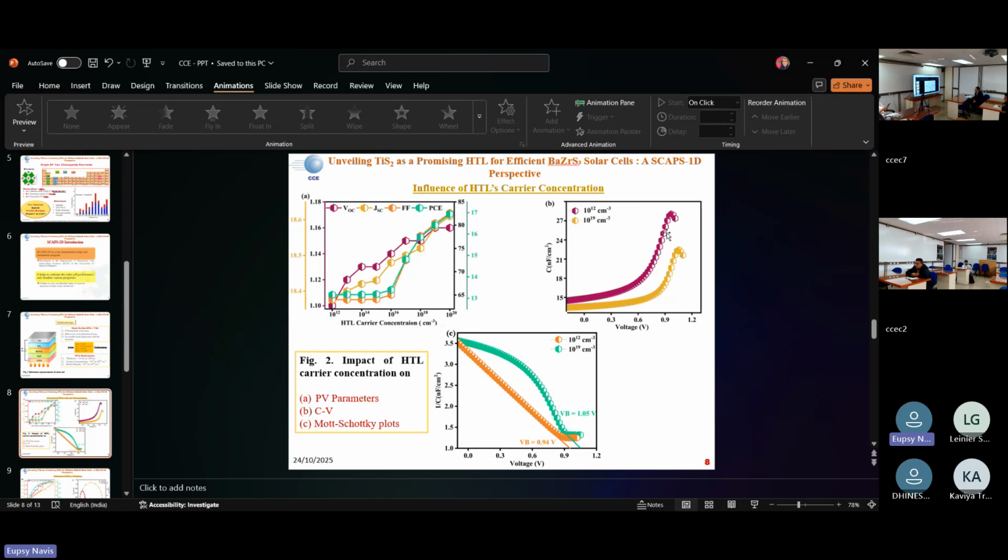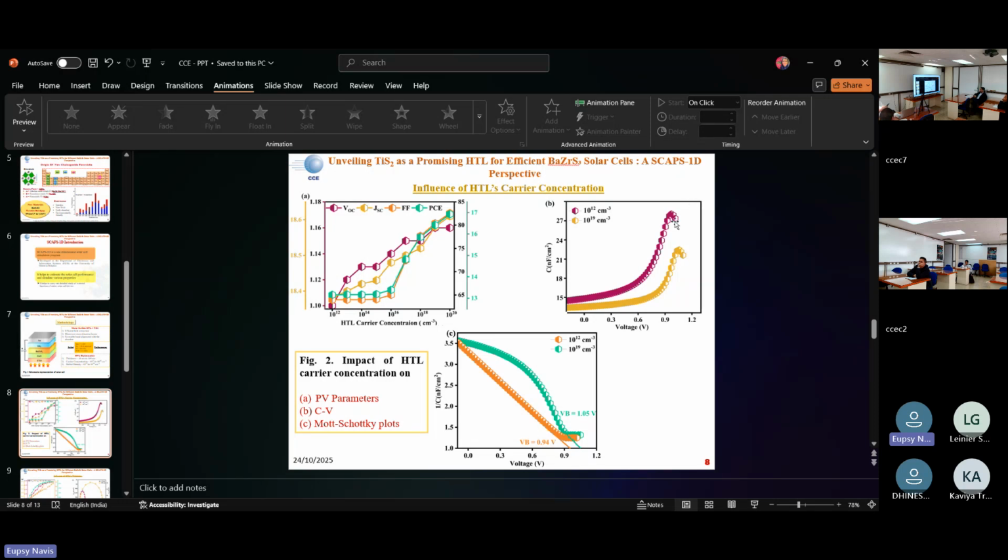We could see from figure A that there is an increase in the PV parameters when the carrier concentration has been improved from 10^12 to 10^20. So this increase in the PV parameters is attributed to the accumulation capacitance, which is shown in figure B. So when the carrier concentration is less, we could see that the accumulation capacitance is very high.